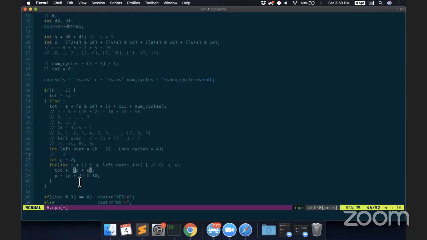And each time we are adding 2s, 4s, 8s. So we're adding 2s mod 10, which is how much? 8 plus 6 plus 2. So I think we're adding 16 here. Yeah, and we already had 58. So 58 plus 16, 68, 74. Huh.